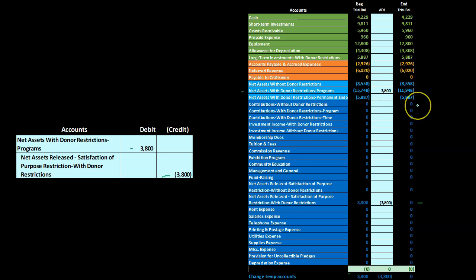You'll note that in the post-closing trial balance, we only have the assets, liabilities, and what would be similar to the equity section, the net assets section, at this point in time. All temporary accounts have now been closed out.